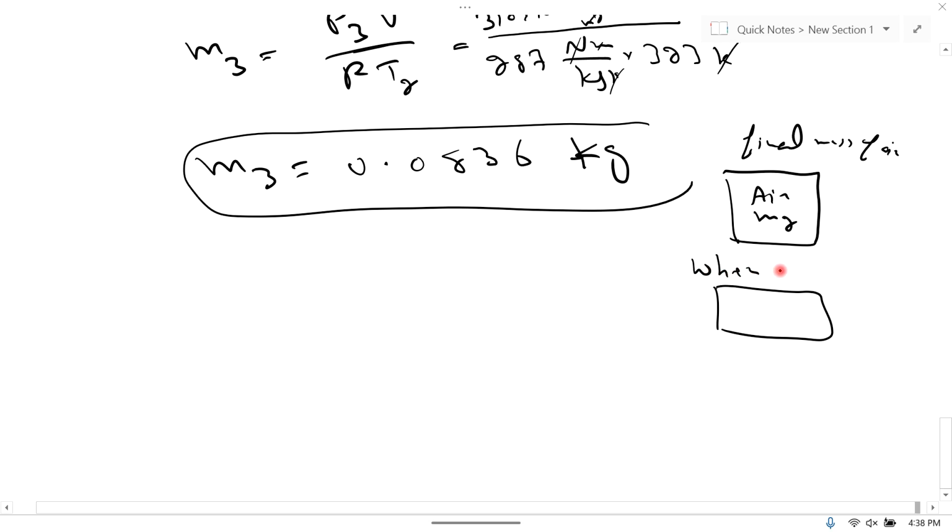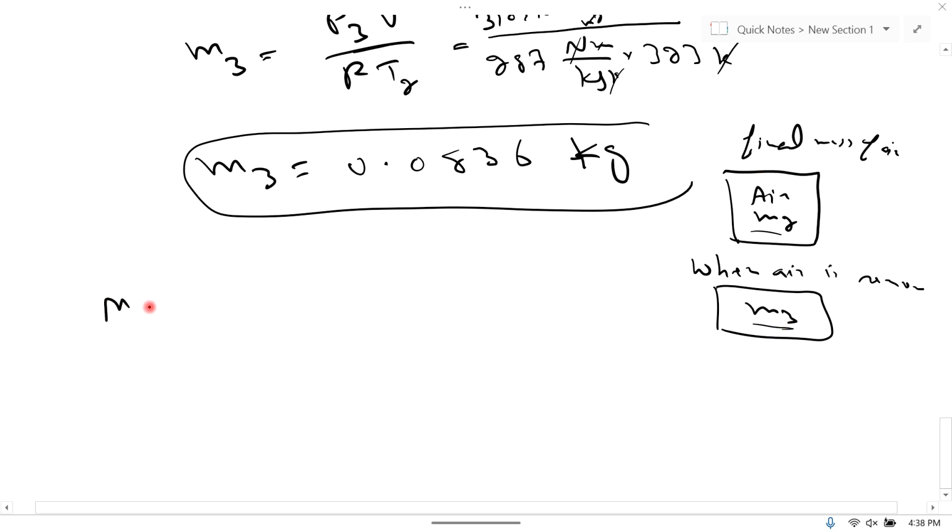When air is removed, the mass is M3. Now how much air is removed? We subtract M3 from M2. The final mass is M2, and when air is removed the mass is M3, so the air removed will be M2 minus M3.